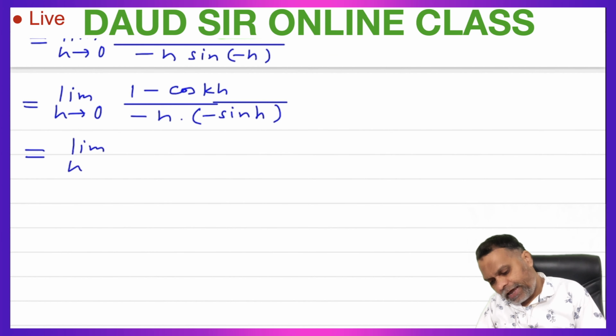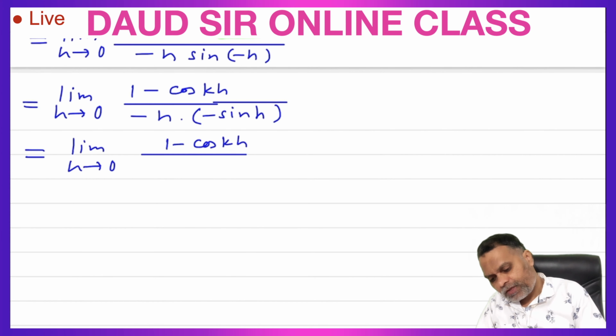limit h tends to 0, this 1 minus cos kh upon minus minus plus h into sine h.